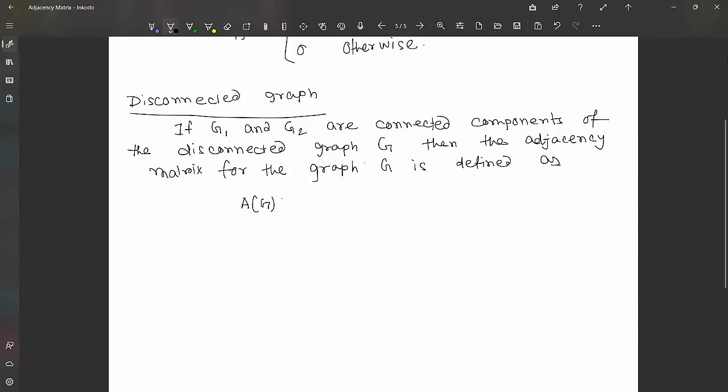AG. This is equal to the matrix, just place the adjacency matrices AG1 and AG2, and then here 0 and 0. So this is one n cross n matrix.